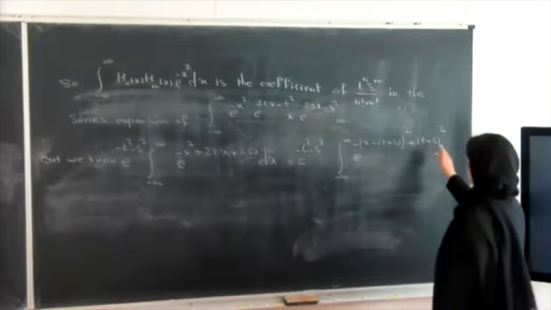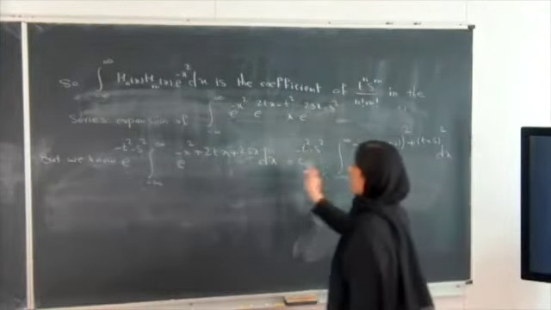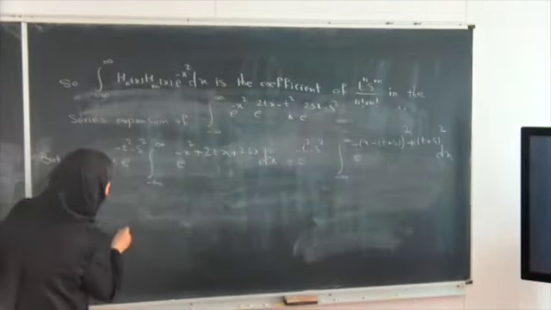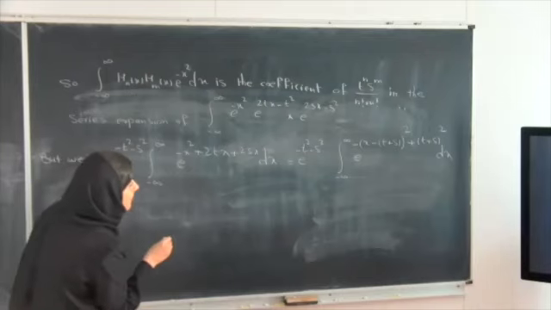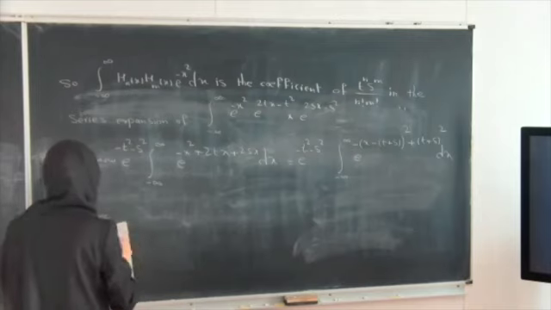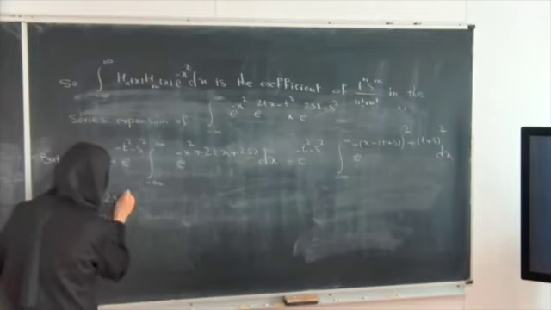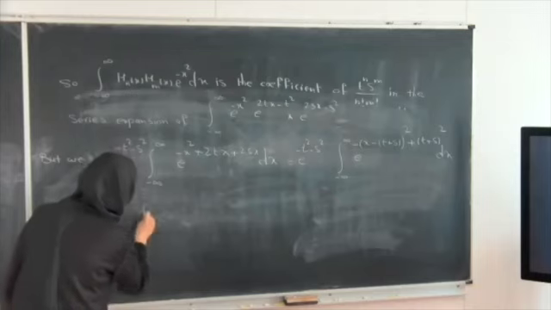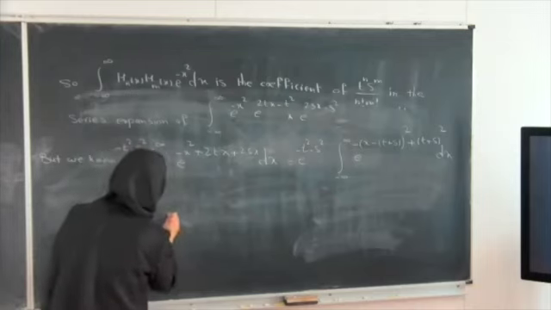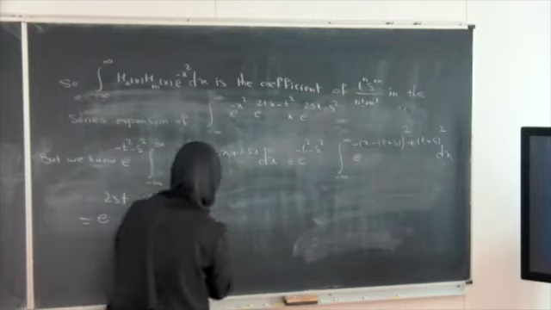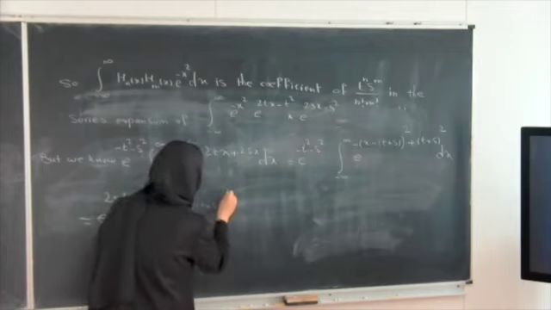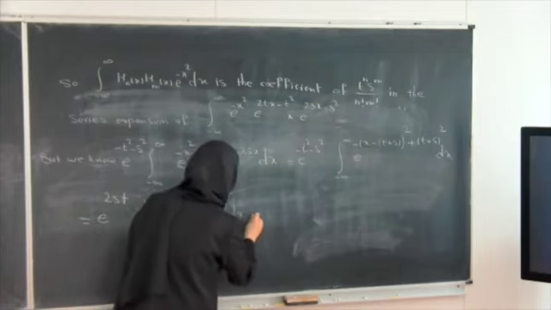With a simple computation, you can see it equals e to the 2st times the integral from minus infinity to infinity of e to the minus (x minus (t plus s)) squared dx.